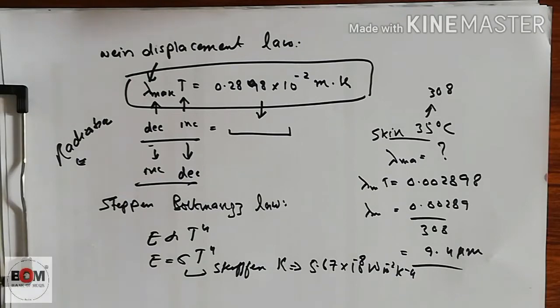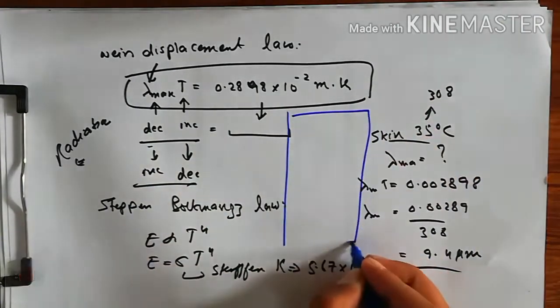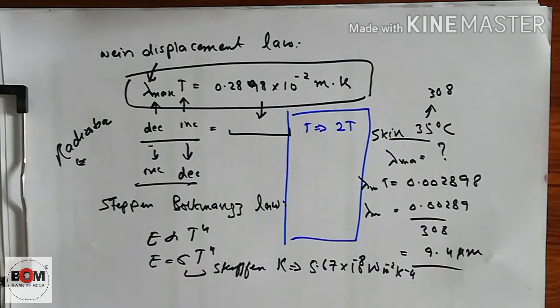Now if they give us that the temperature is increased 2 times, or we make the temperature double, what will be the effect on energy? So if they double the temperature, it means they make T into 2T.